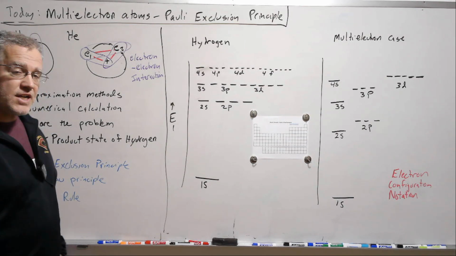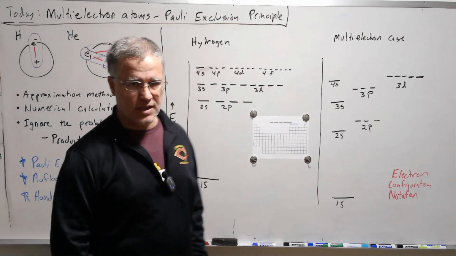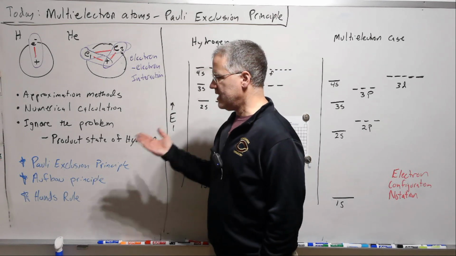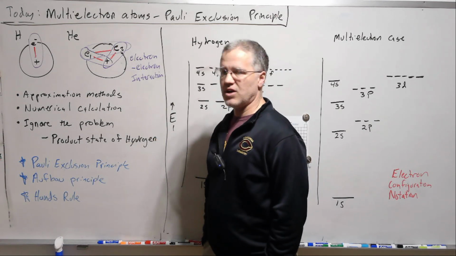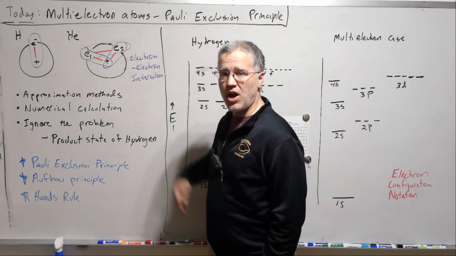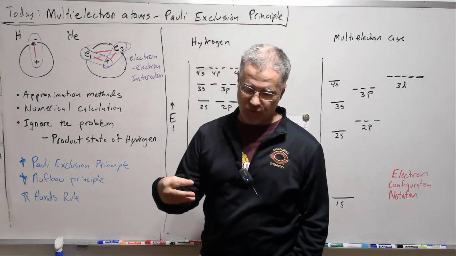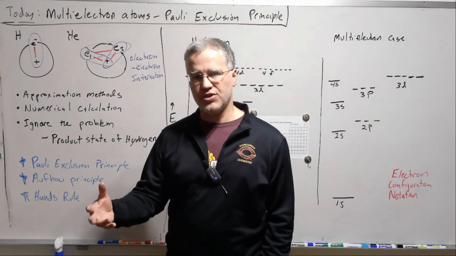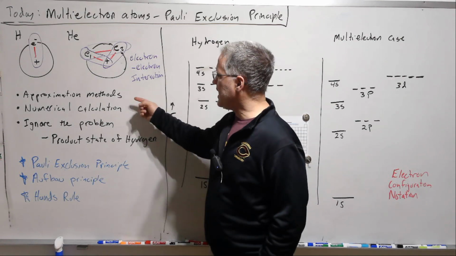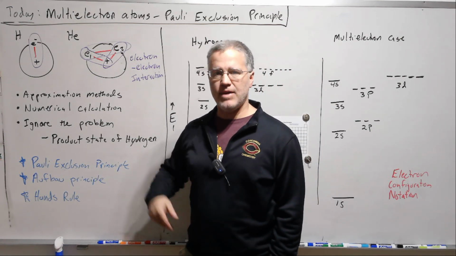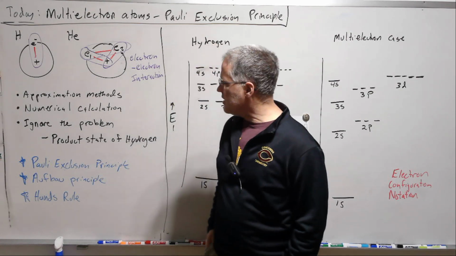Now, there's a couple of things we can do that work quite well for helium and other at least low multi-electron atoms. And one of these is a category of approximation methods. So here we still want to work with pencil and paper, do quantum mechanics. We can't get a full solution or exact solution, but we can employ an approximation method that does quite well and matches experiments very, very well.